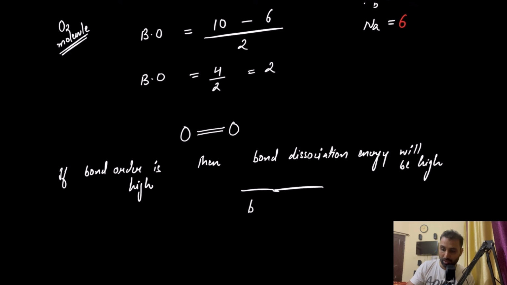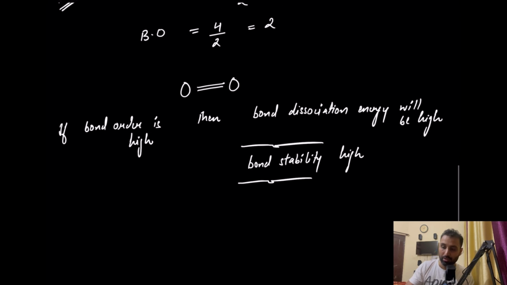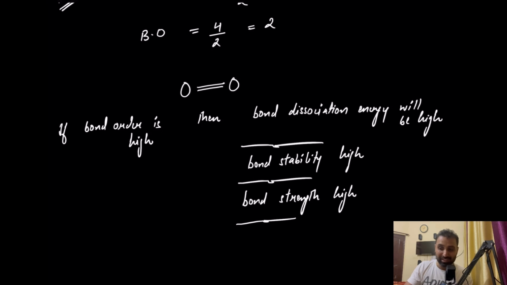Or we can say bond stability is high, or you can also say bond strength is high, and if bond strength is high, bond stability is high, bond dissociation energy is high, we are having more number of bonds, so that's why higher bond order, due to which what's going to happen, bond length will be low.